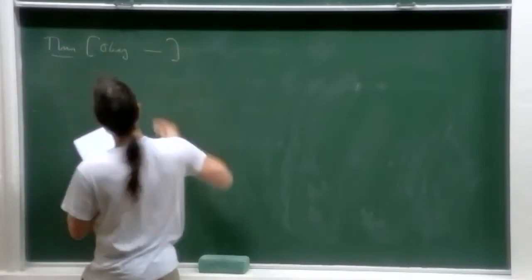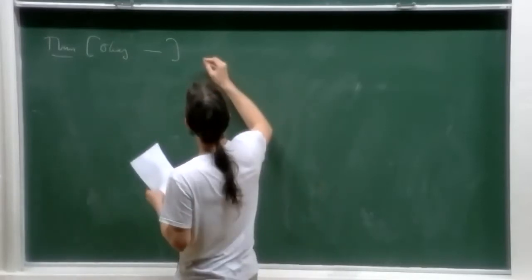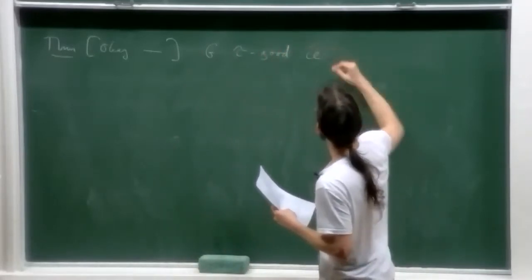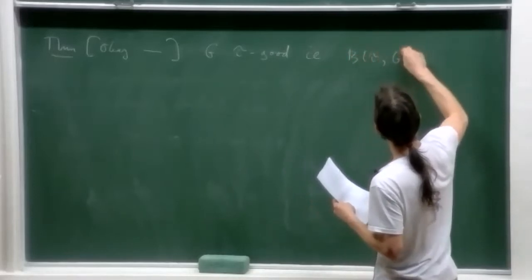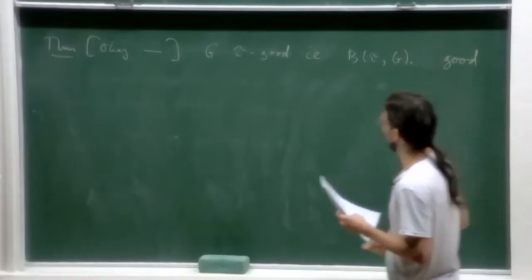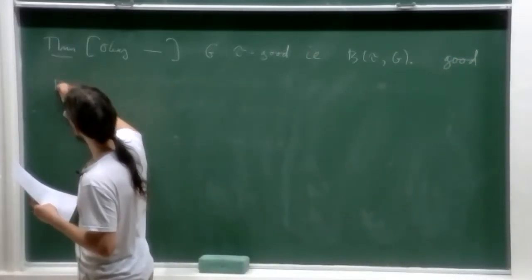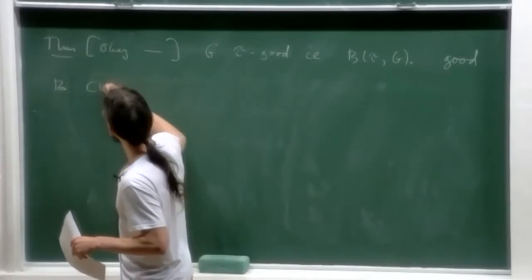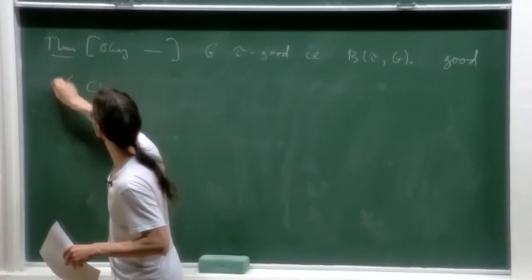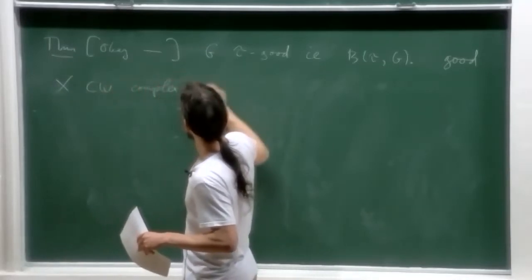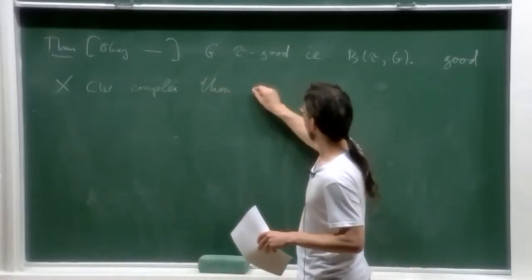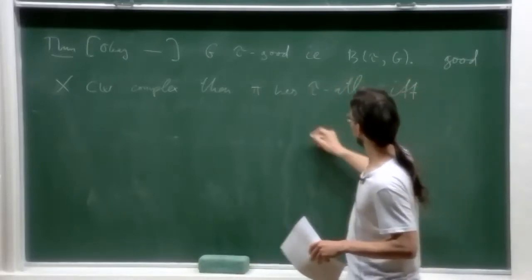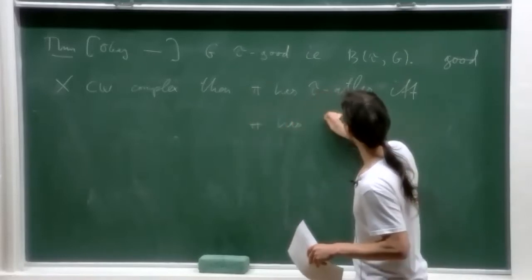So our first theorem is that if G is tau good, which means that this simplicial space B tau G is good, then, and moreover, if the base space is a CW complex, I think it was V or X, then having a tau atlas is equivalent to having a tau structure.